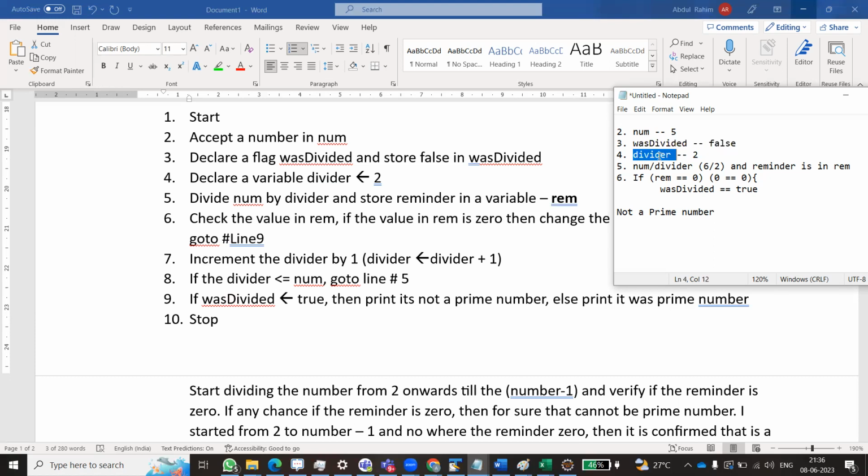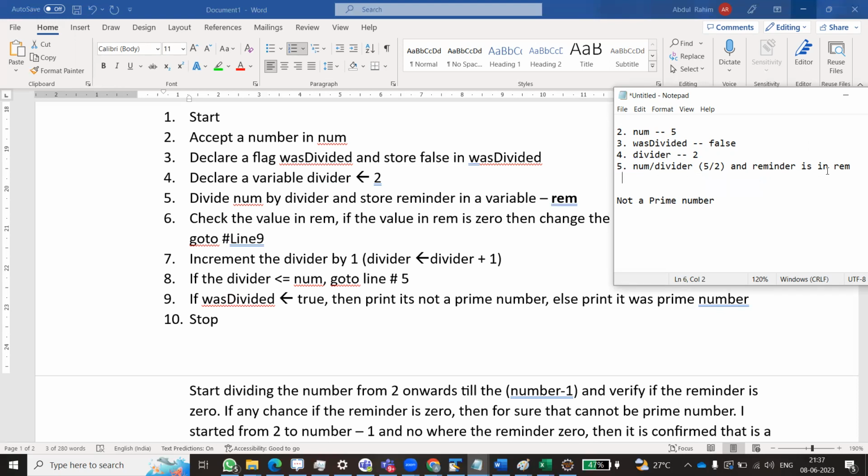And now what is the value in divider? 2. So now I divide 5 by 2. I will check the remainder. What is the remainder? Remainder is 1. So I will just rewrite this.